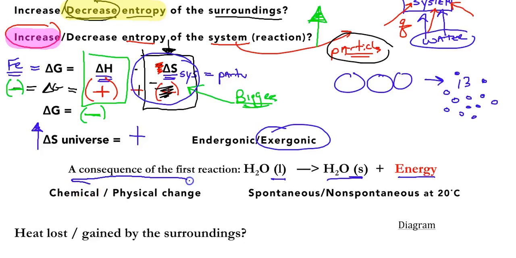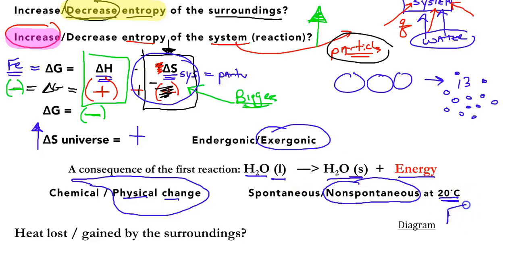Clearly, it's a physical change. Not sure why I did that. I faked myself out. How do I know? The chemical identity stays constant. Is it spontaneous at 20 degrees Celsius? It is non-spontaneous. Water does not go from a liquid to a solid at 20 degrees Celsius unless it is forced to. Someone did some work on the water.